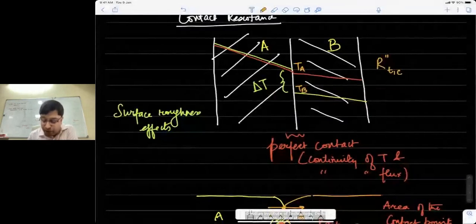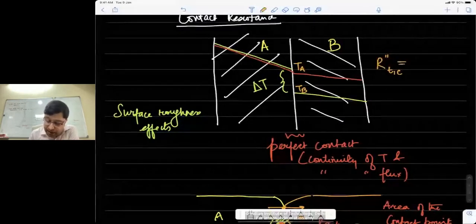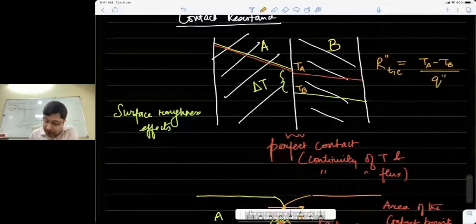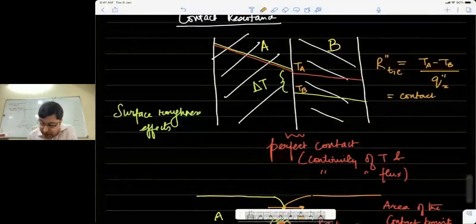So I have used a double dash again to say this is for a unit area. This is defined as the temperature drop versus the heat transfer rate, or the flux. This is the definition of contact resistance that is typically used.